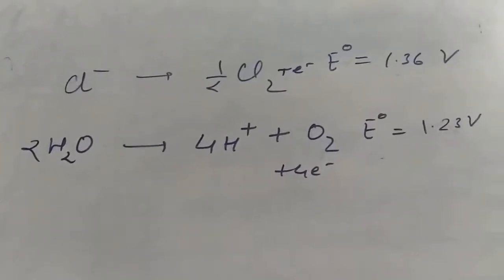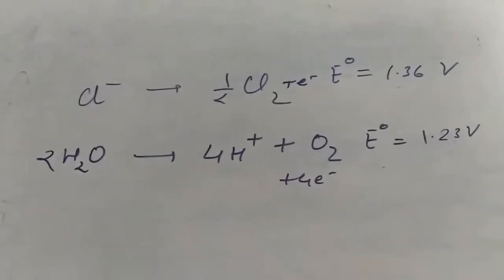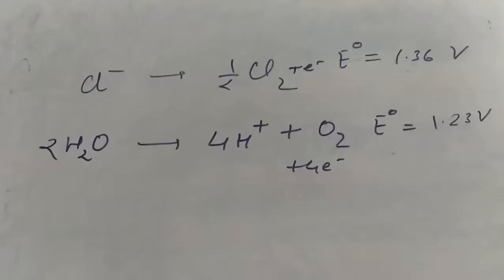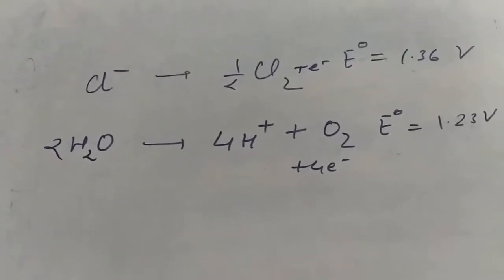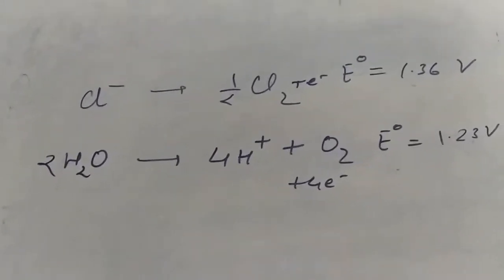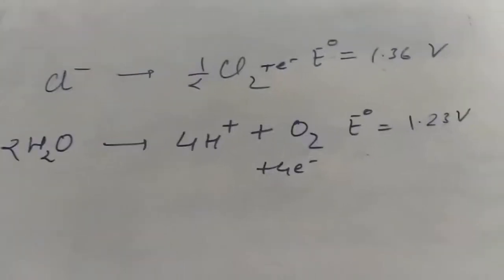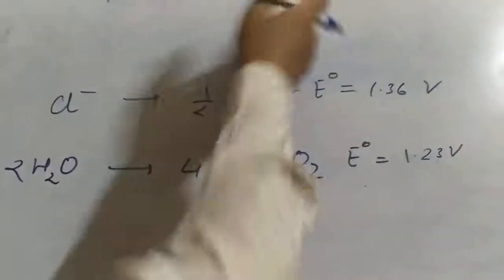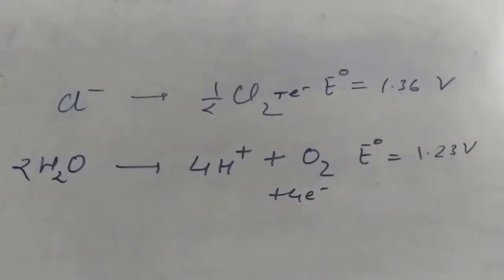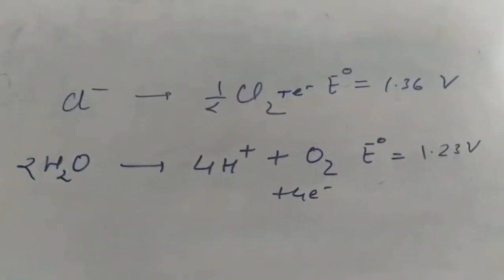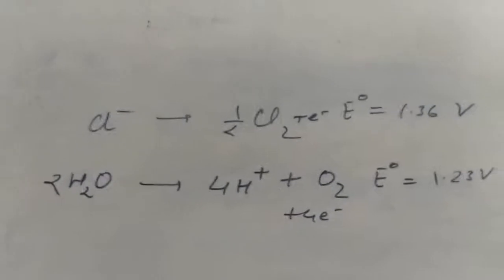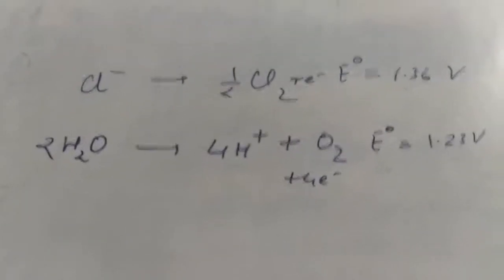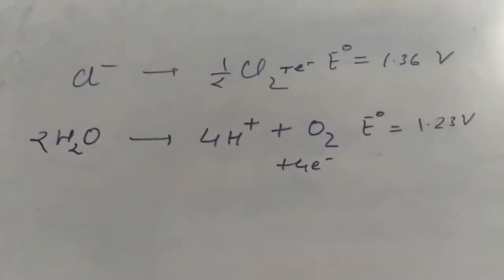But in actual practice, when we electrolyze the aqueous solution, we obtain chlorine gas at the anode. Then the question arises, why is it so? The oxidation potential of this reaction is greater than this reaction. Then we must have oxygen gas at the anode, not chlorine gas. But in actual practice, we obtain chlorine gas.